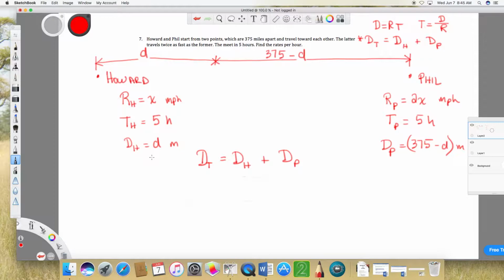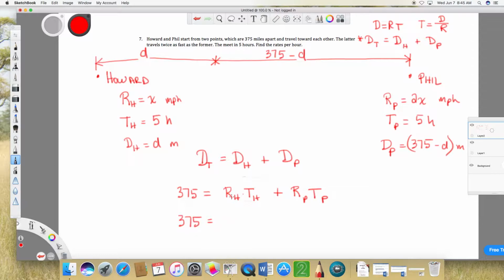All right, so rate times time. So the total distance was 375. The distance that Howard traveled, I'm replacing that with the rate that Howard traveled times the length of time, and the same for Phil, the rate that Phil traveled and the length of time that he traveled.